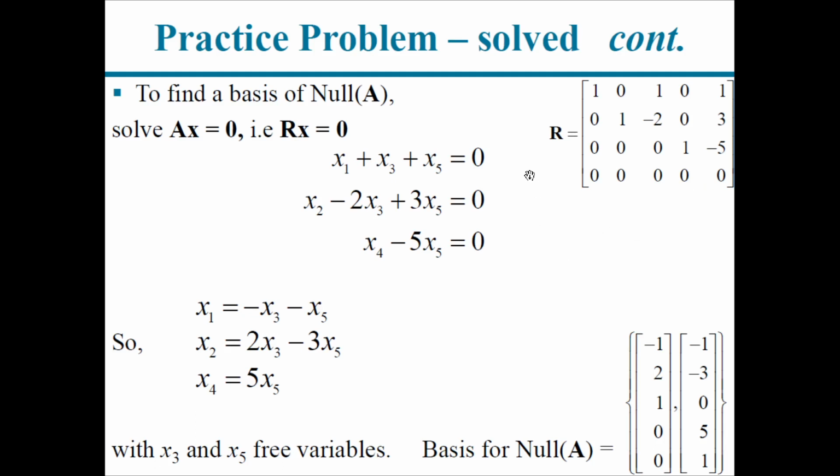R is given, so just solve it properly, don't make errors. You have 5 columns, so your solution has 5 components, so be careful. You have 3 main variables and 2 free variables, so the null space is generated by these 2 vectors. You can just compute on your own and verify.